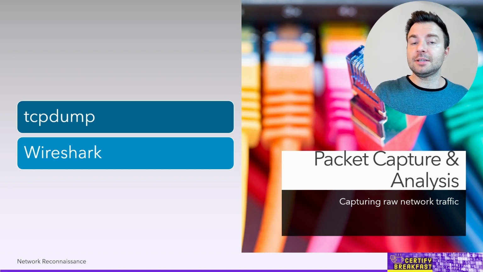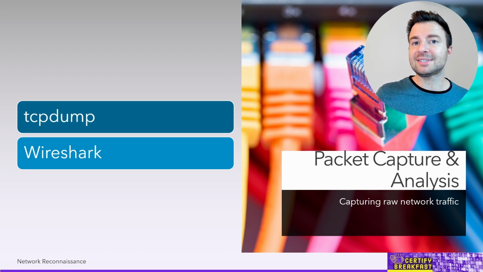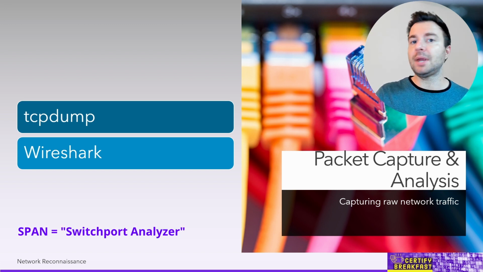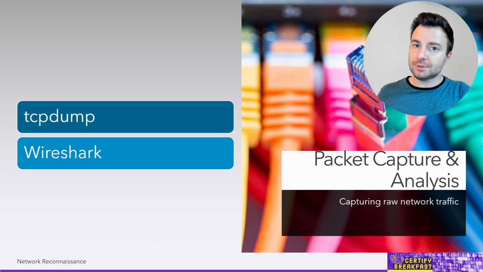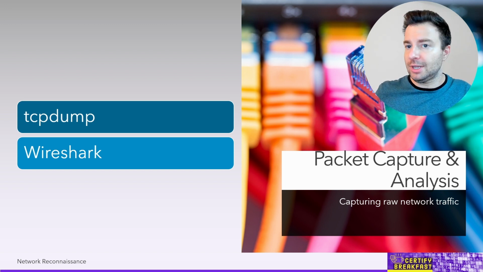But it is possible. It is possible that for specific links, you can configure a switch in a so-called SPAN mode or a port mirroring mode, in which all the traffic on a certain port is being mirrored, or a copy of that traffic is created and sent on a different port. Now, on that different port, ideally you have some sort of powerful machine, a server that is able to capture all that traffic and then store it and analyze it further.